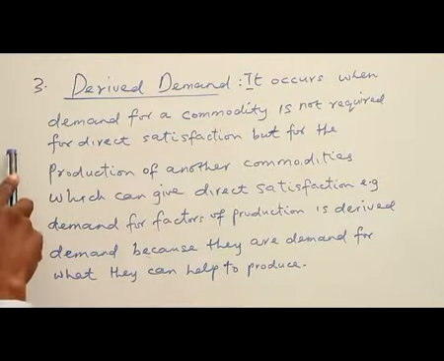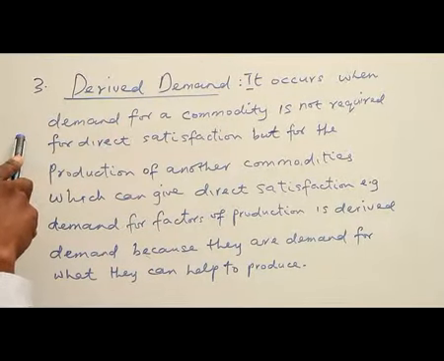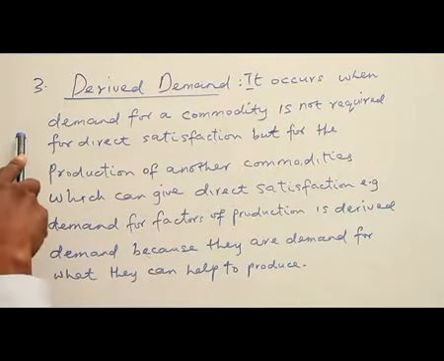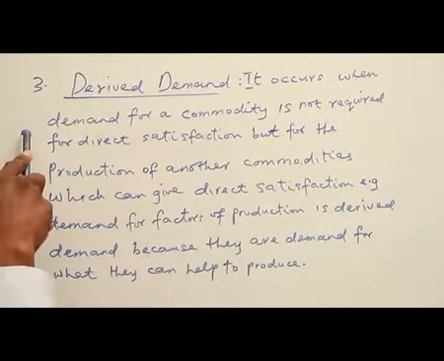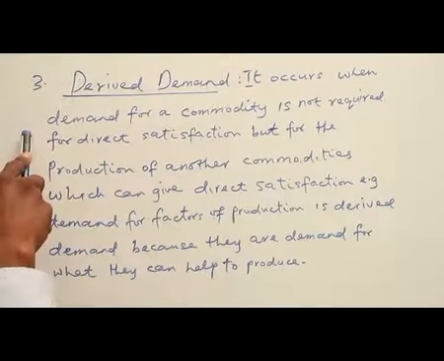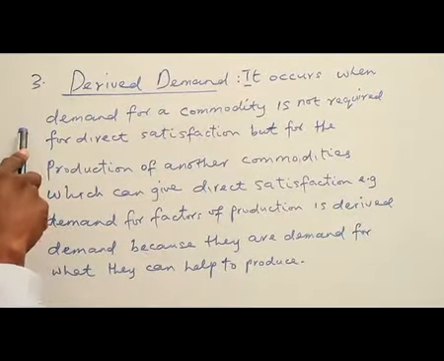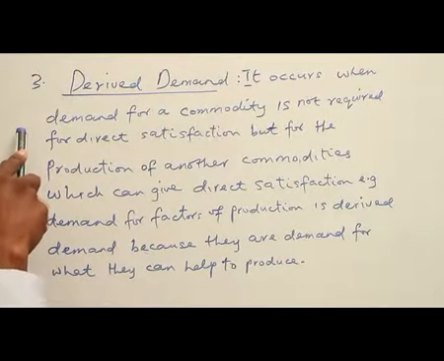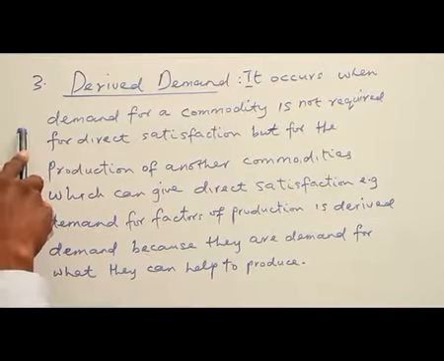Bread will give direct satisfaction, but the flour and other inputs that they use are derived demand, because we don't just need flour for any other thing, but to give us satisfaction, that is production of bread. So we are not demanding for flour, but we are demanding for bread. So in this case, flour is not a direct satisfaction, but bread is a direct satisfaction.